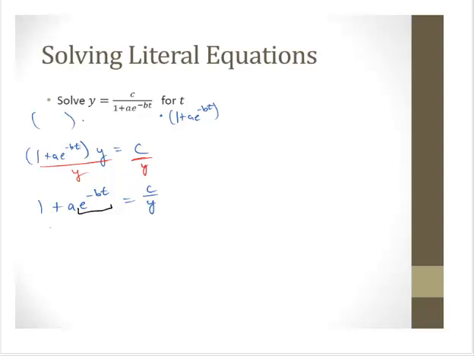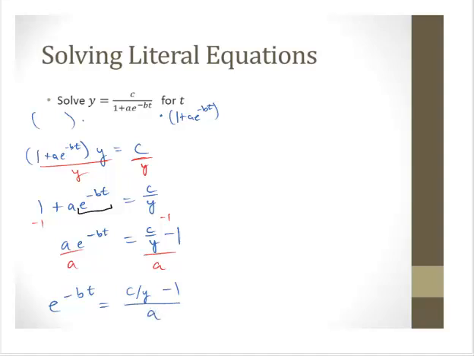I'll subtract 1 from both sides. a e to the negative bt is equal to c over y minus 1. I'll divide through by a. e to the negative bt is equal to c over y minus 1, all over a.